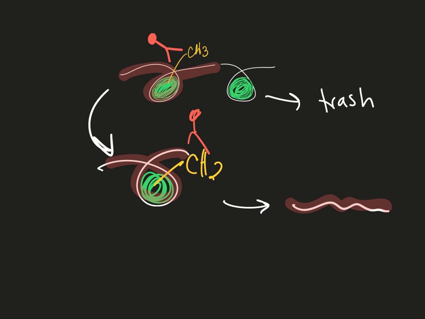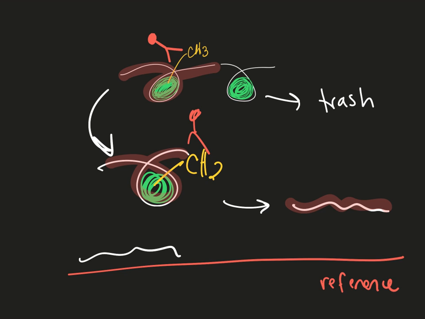And now when I do my sequencing, so we've done the chromatin immunoprecipitation part, I do my sequencing and I map what I get to my reference genome, then I am going to see that this bit of DNA that I got from my immunoprecipitation or my pull down is going to map to the genome.